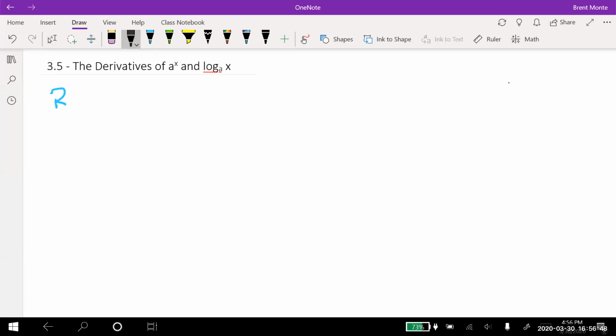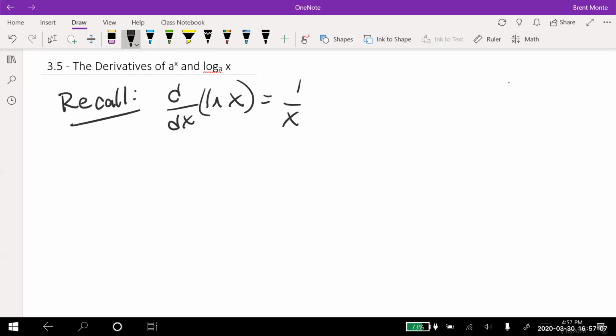But recall from what we did before, we saw that the derivative of ln of x was just 1 over x.